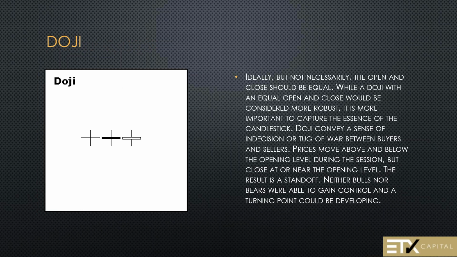Now, there's a difference between a spinning top and a doji. A doji had a very strict interpretation not so long ago. A doji is when the open and the close were exactly the same. But remember, this has been going on since the 1700s.